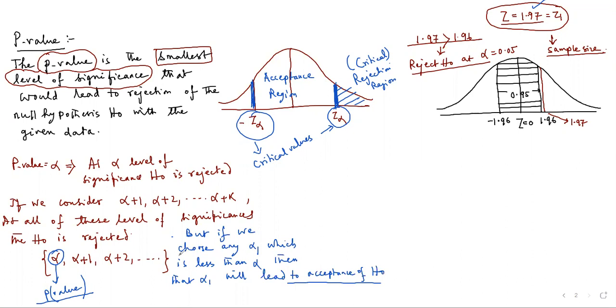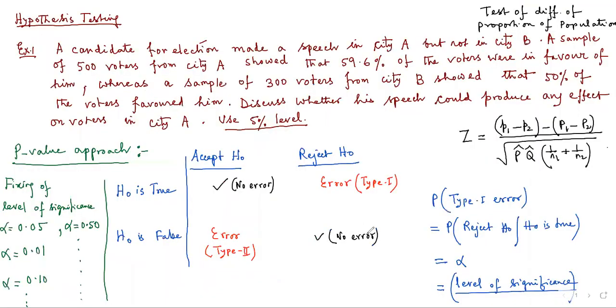So once we know this lowest value, our doubt will be cleared and we are free to choose our level of significance. At least we can say at what levels of significance this null hypothesis that we have set is going to be rejected. Okay, so I'm going to apply this particular strategy in the problem which is given in the previous page.